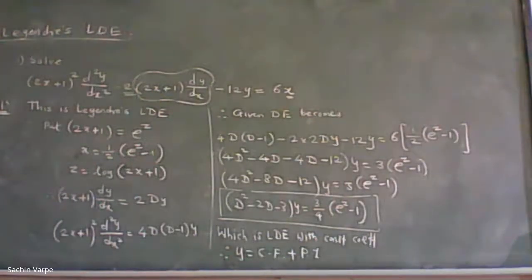So what are the roots here? 3 and minus 1, right? So with this root, the complementary function is... Anuj, please unmute your mic. Yes, sir.